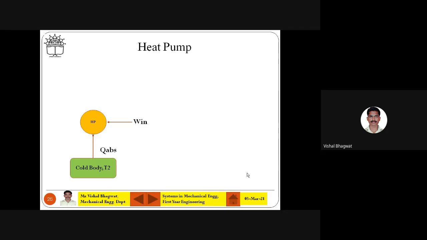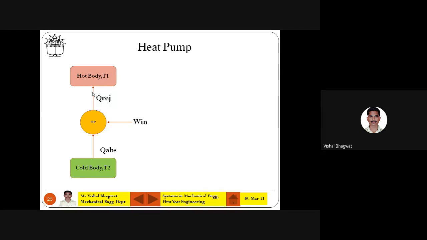So what do you have to do? You Q absorb from the cold body, and you Q reject into the hot body. The hot body means where you are sitting, at T1. This is the hot body, this is your room, you are sitting here. So actually you are interested in knowing what is Q rejected. Understood?